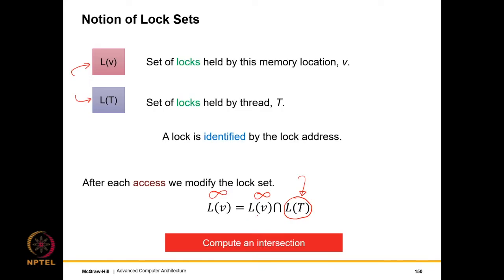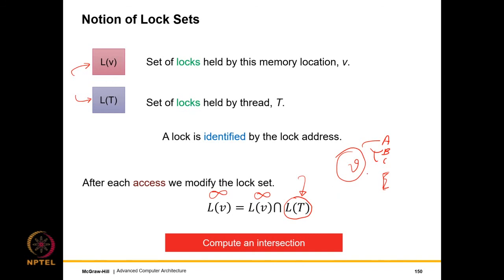Subsequently, this set will get more and more refined, which basically means that for every memory location, we want to find those locks that you have to acquire to access this location. Let's say we have found out that maybe locks A, B, and C are what you need to acquire.